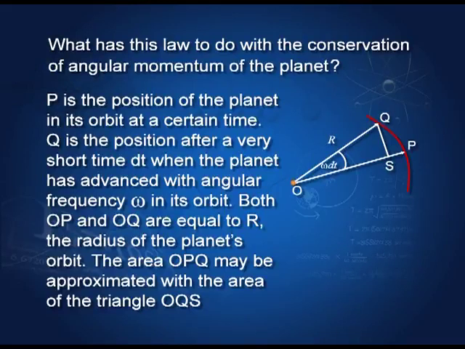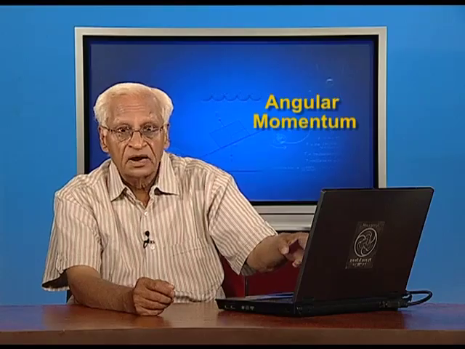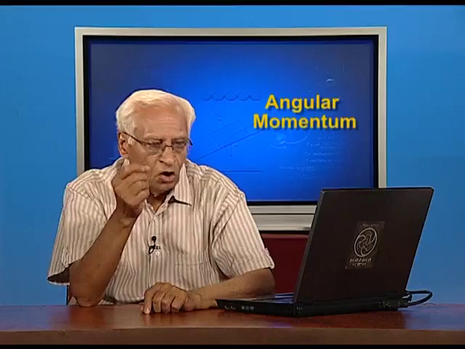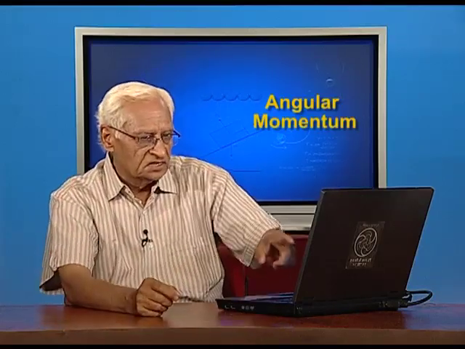Therefore, OP is equal to OQ, and both are equal to the radius of the orbit. And the area of this can be equated with the area of this triangle. Remember that we have taken the positions at a very short time interval from each other.